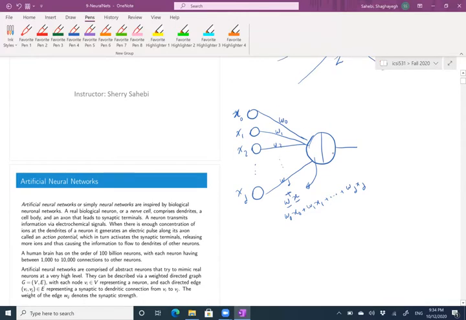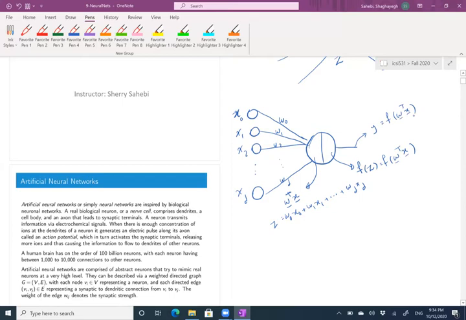And then on this side, let's say this is called Z. On this side, we apply another function on this Z. So basically we are applying a function on W transpose X, and this output Y is going to be equal to F of W transpose X for us.